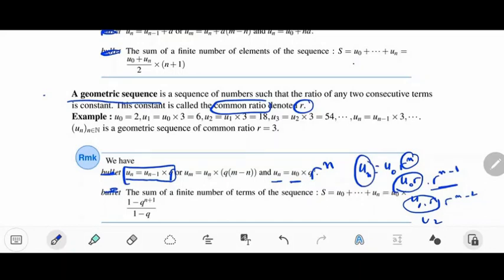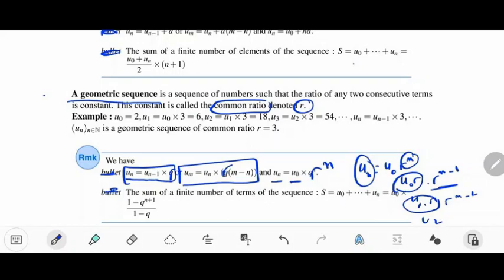And I will also write the formula that gives any term as a function of any other term: like u100 equal to u10 times r to the power m minus n, which is the number of times I'm multiplying by r to go from un to um.